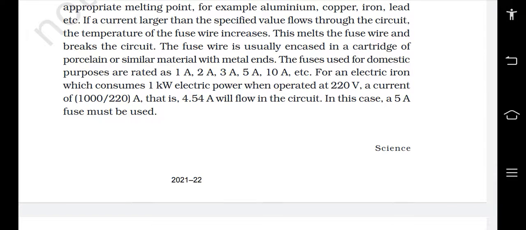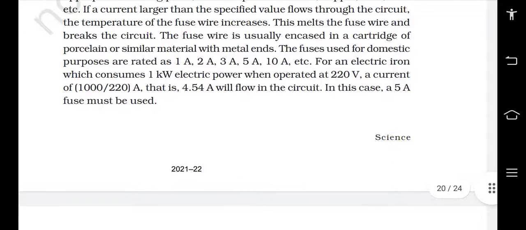And if you use a lower ampere fuse, then what will happen? The fuse will melt away very soon, and the device won't work.